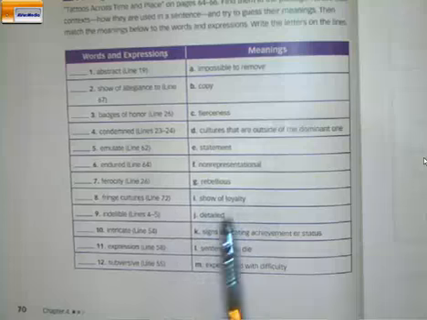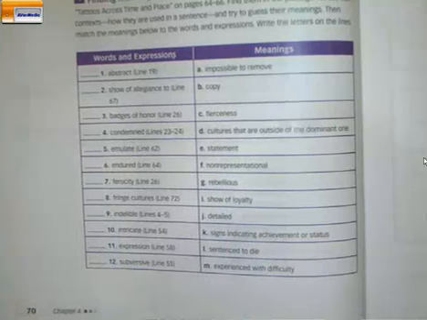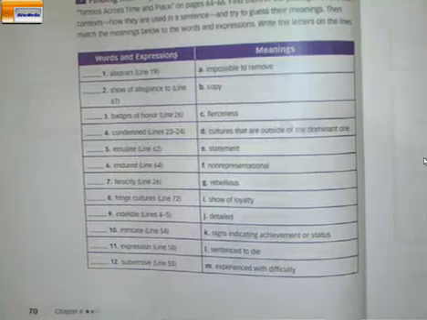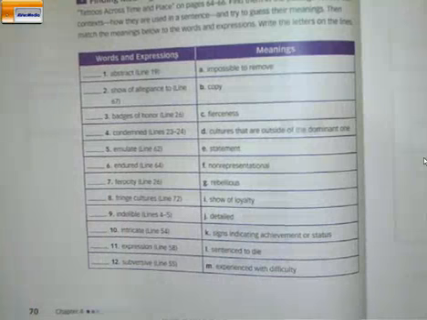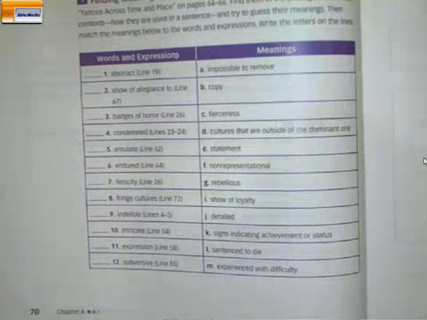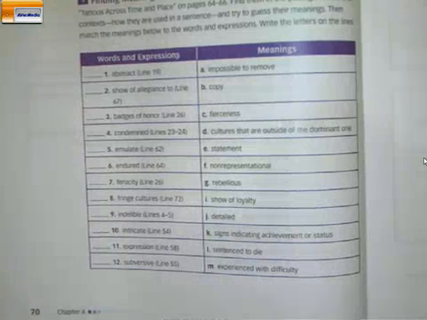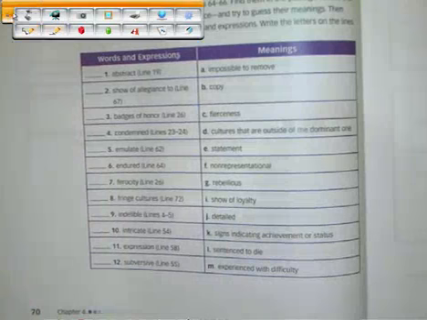Words to definitions. Now, let me just get my hands on the pen here and see if it's possible to write.